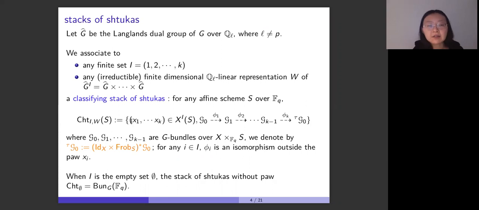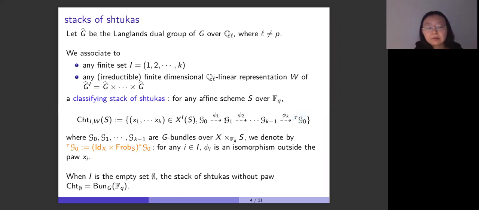The data are: I points of the S-points of the curve, x_1, ..., x_k, and a chain of G-bundles G_0, G_1, until G_{k-1}, which are G-bundles over X times S. And you have a chain of modifications such that the last one, tau G, is the inverse image by Frobenius of the first one, meaning the inverse image by the total Frobenius on the scheme.